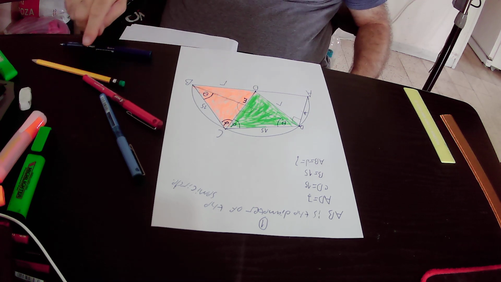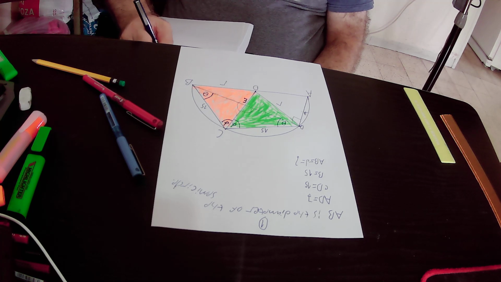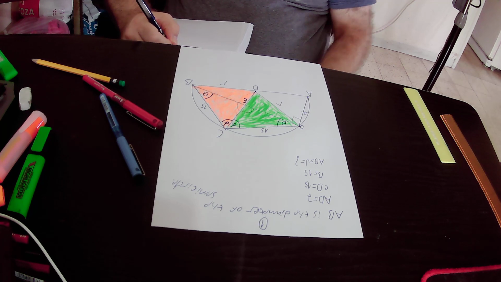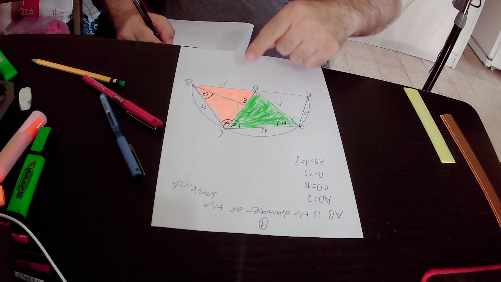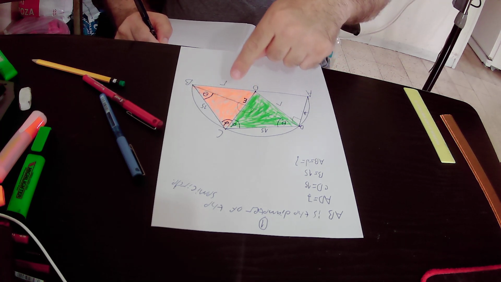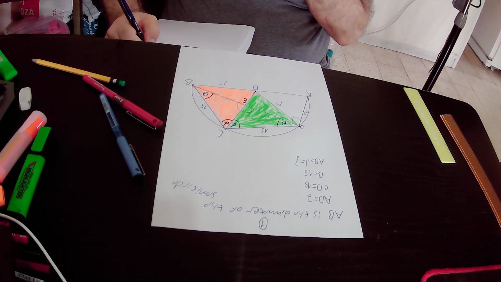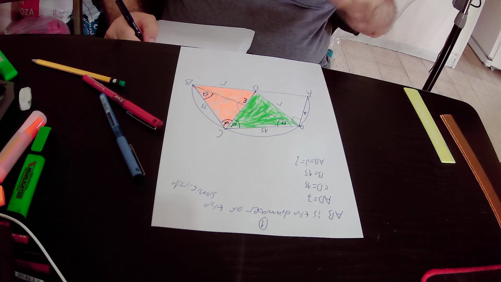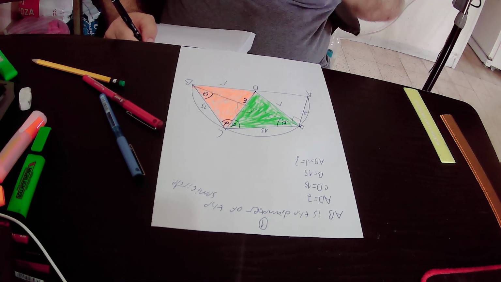So angle DEC in the green triangle is equal to angle BEC in the orange triangle according to the rule that corresponding angles in congruent triangles are equal to each other.